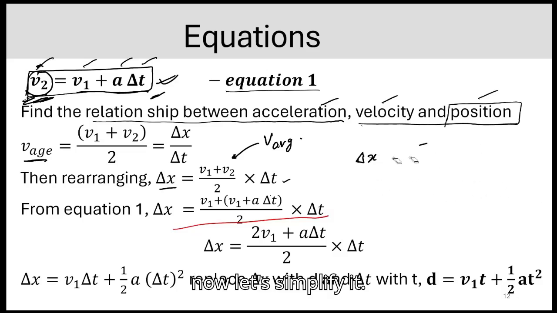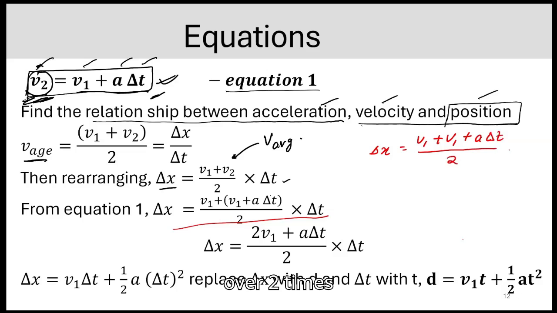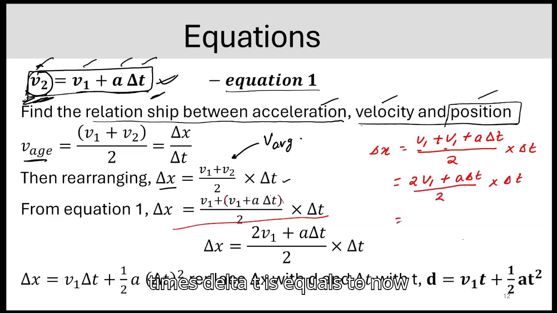now let's simplify it. So delta x equals, now let's open the bracket, v1 plus v1 plus a delta t over 2 times delta t. So we just open this bracket, and now we have 2 v1 plus a delta t over 2 times delta t. Now let's simplify it further, so we can write v1 plus a delta t over 2 times delta t.